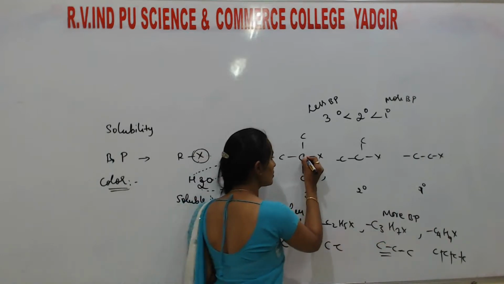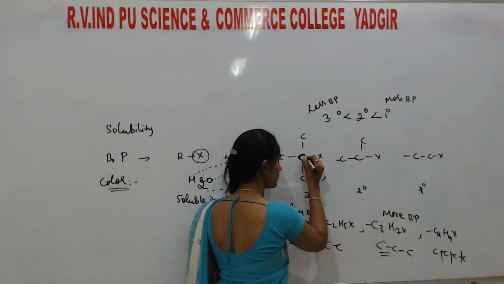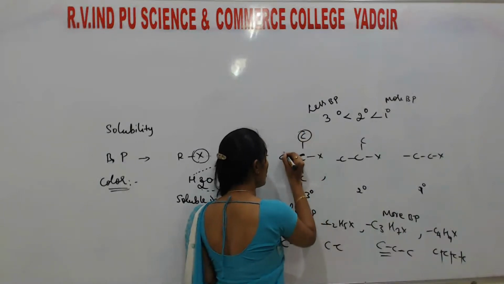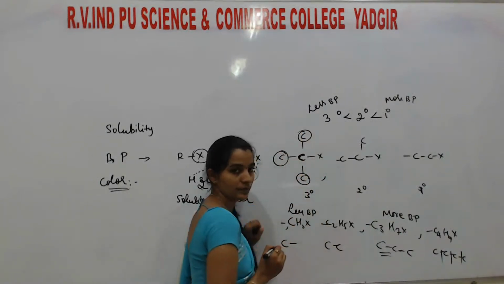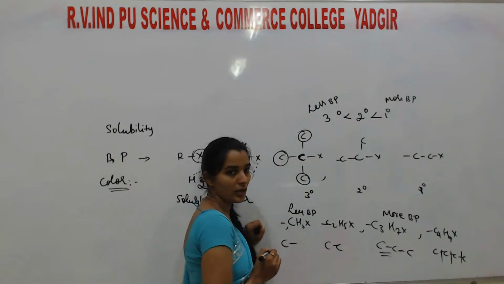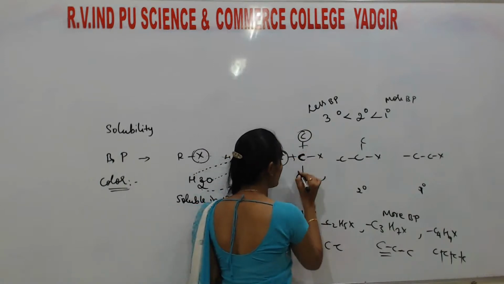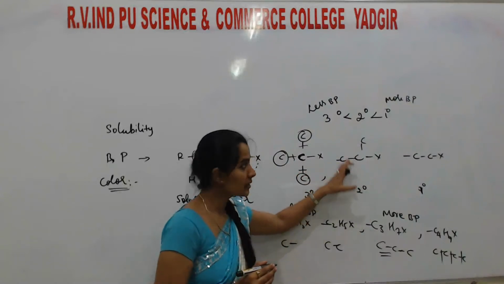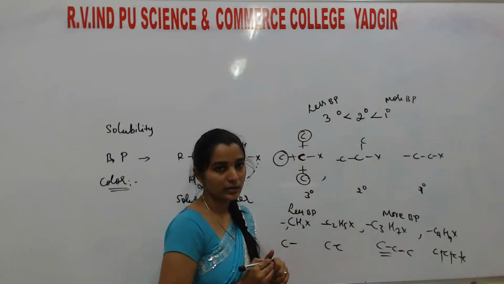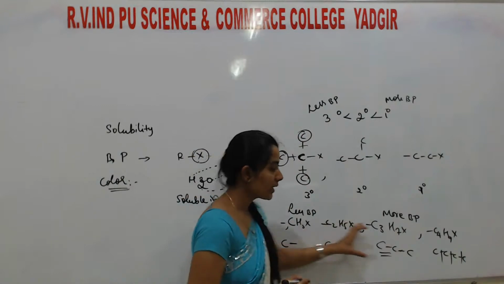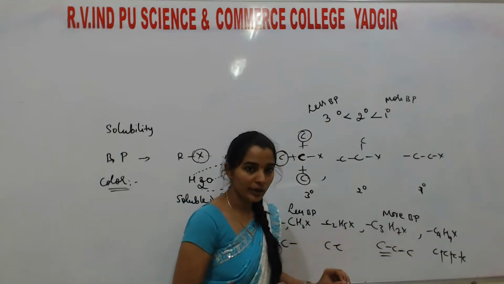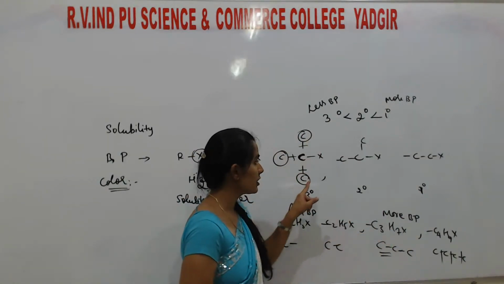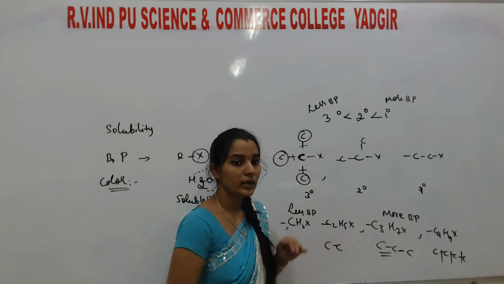But in the branched one, these are all identical atoms, so the bond easily breaks between these three. As the branching increases, boiling point decreases. As the parent chain increases, boiling point increases. As the branching increases, boiling point decreases.